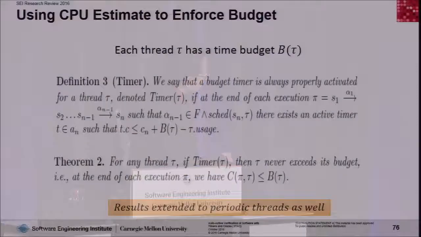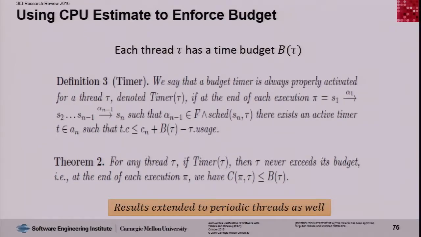That's highlighted here. You have to set your timers in a way that the time at which the timer goes off is no bigger than the time that the thread has left, right? So that's setting the timer conservatively. And if you can do this consistently, which we can show in the code that we are doing, then you're safe. No thread can exceed its budget. And there are some results that show how to do this for both periodic and aperiodic threads.